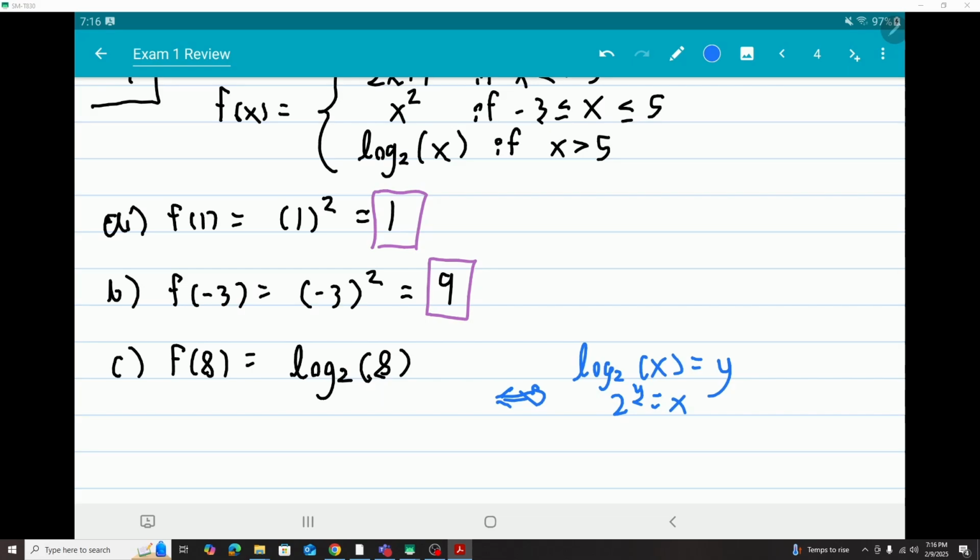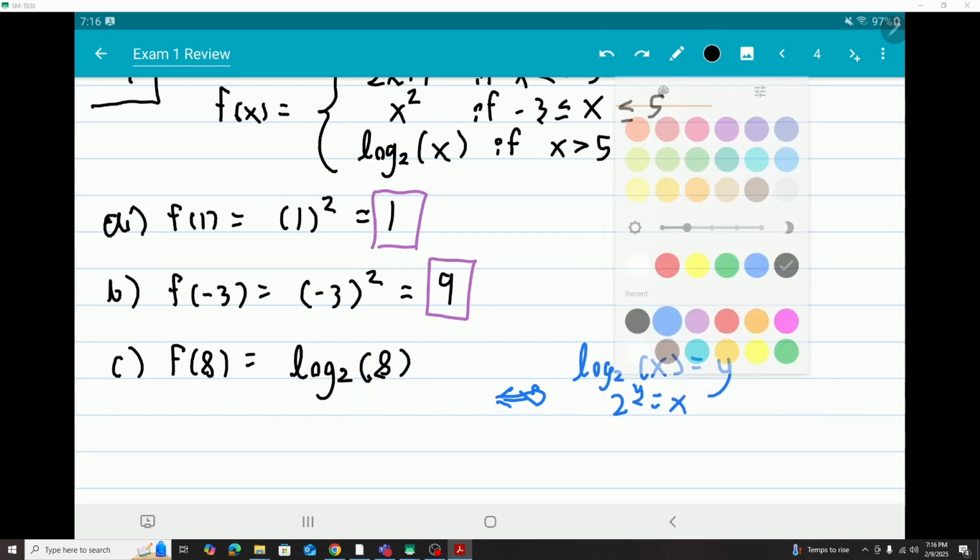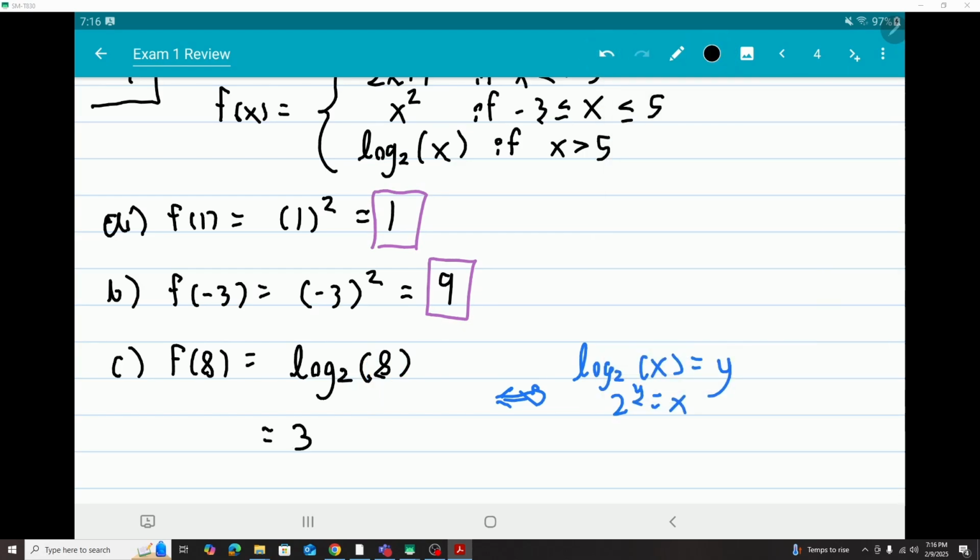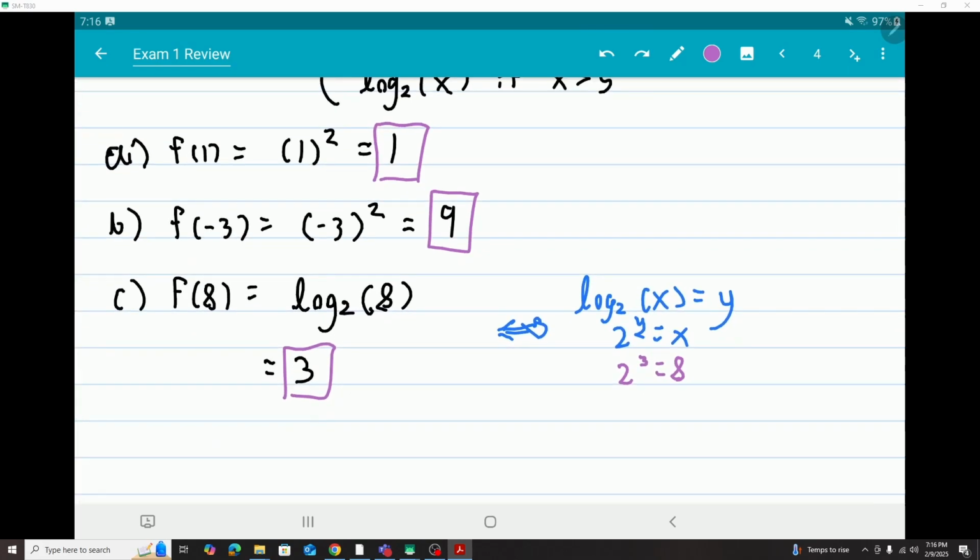In other words, what number do I need to raise 2 to in order to get 8? And so here we get that that number is equal to 3. Why? Because 2 cubed is 8. So this matches with our exponential form idea. That tells us the power that we need, which is all that log is really trying to do.